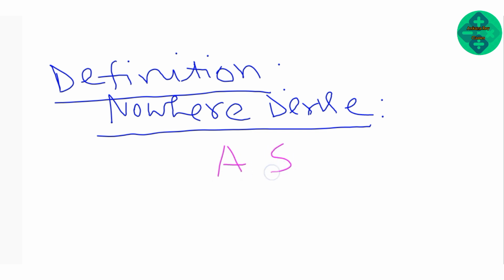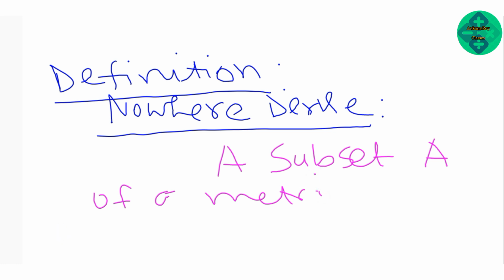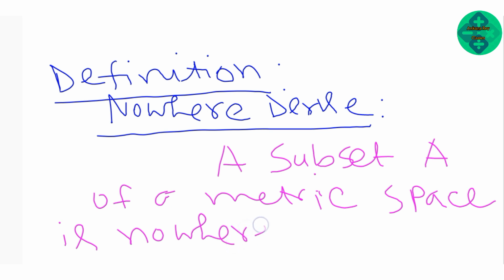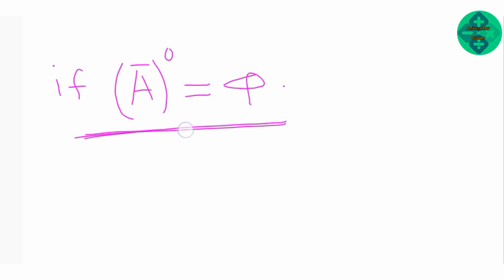A subset A of a metric space is nowhere dense if the interior of its closure, that is the interior of A closure, is equal to phi. This is the condition for nowhere dense, that is, the interior of its closure is empty.